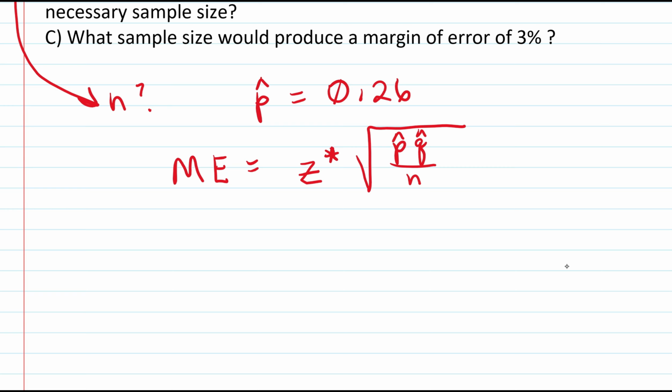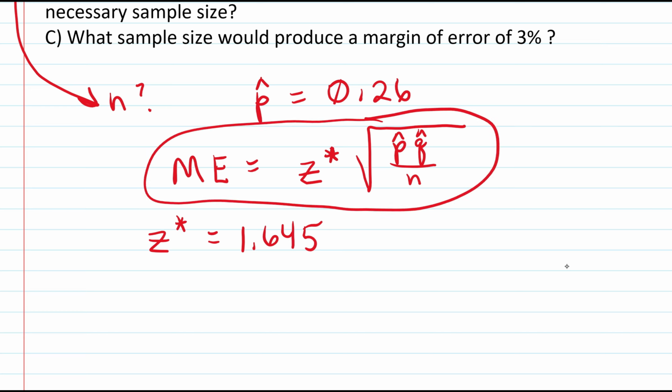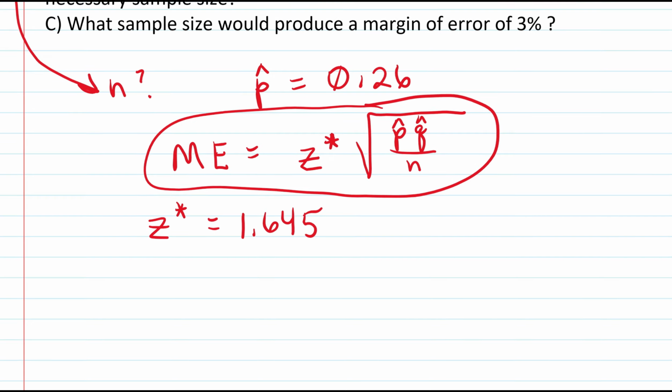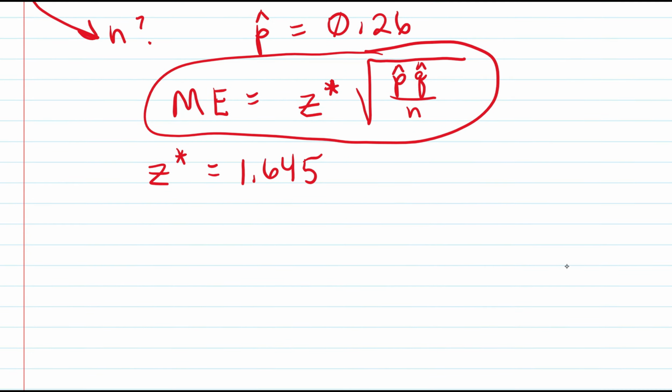Okay, so we're looking at a 90% confidence interval. So the corresponding critical value, Z asterisk, is 1.645. All right, so now we can go ahead and solve the formula right here, solving for n using our algebra skills. Solve for n, go through that.